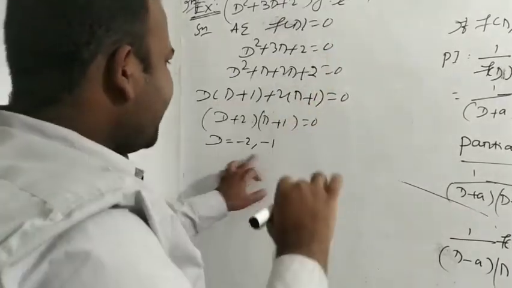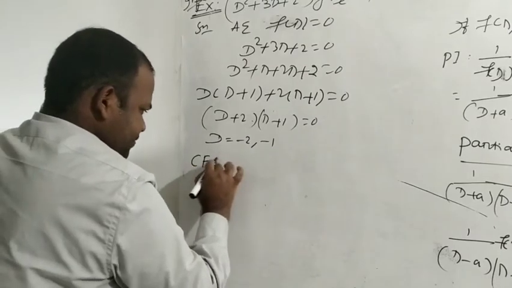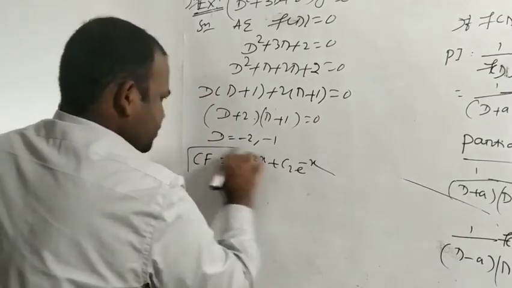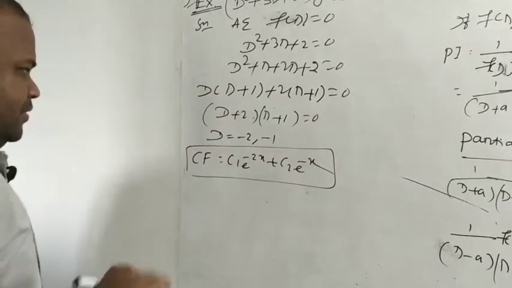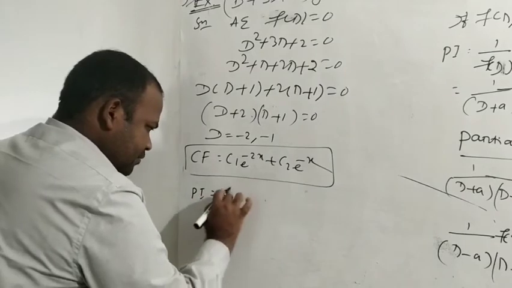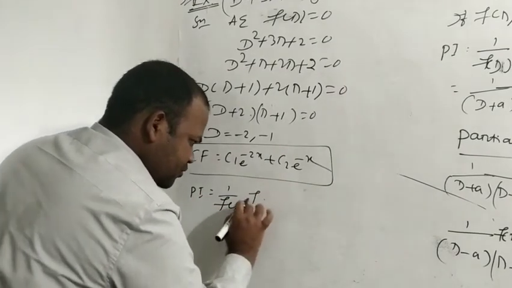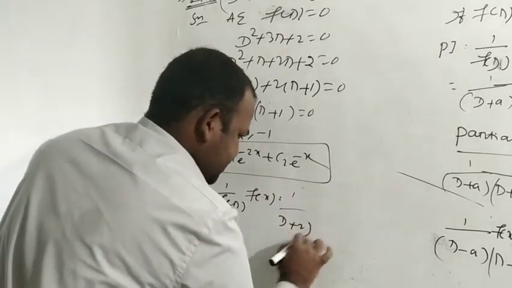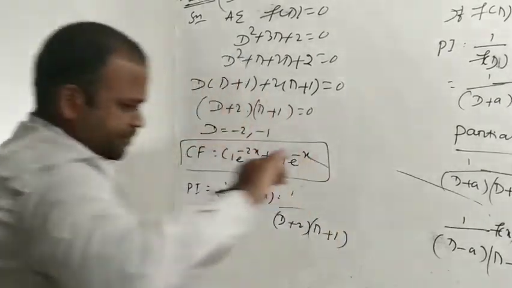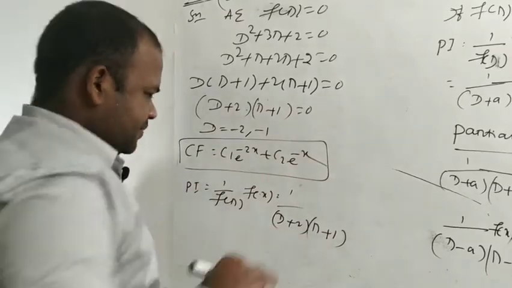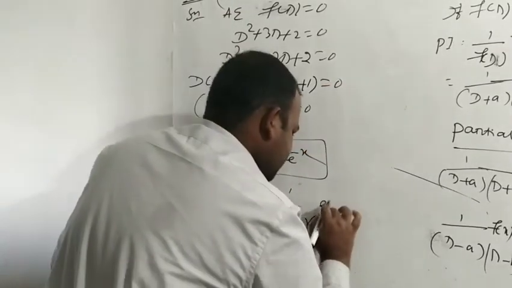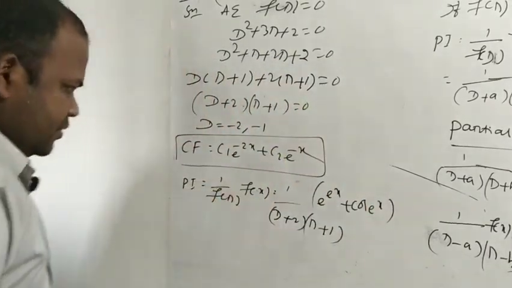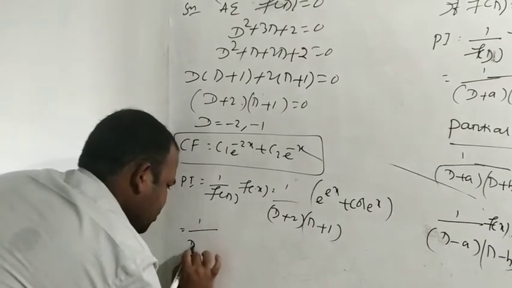The roots are real and not repeated. So CF = C1 e^(−2x) + C2 e^(−x). Now you will find PI, which is 1/f(D) into f(x), so 1/((D + 2)(D + 1)), that is (D + a)(D + b), into f(x) = e^x + cos(e^x).